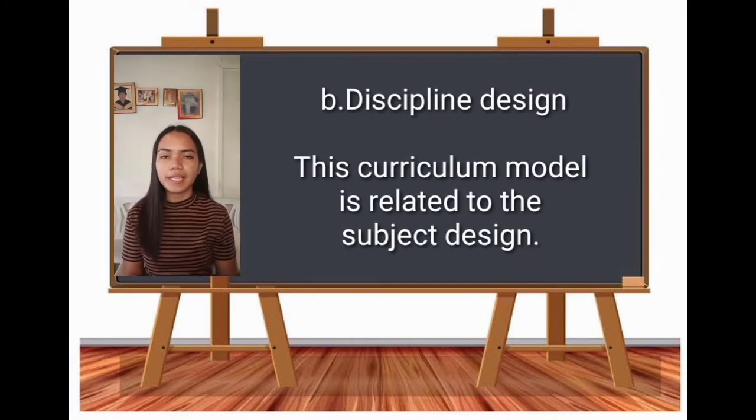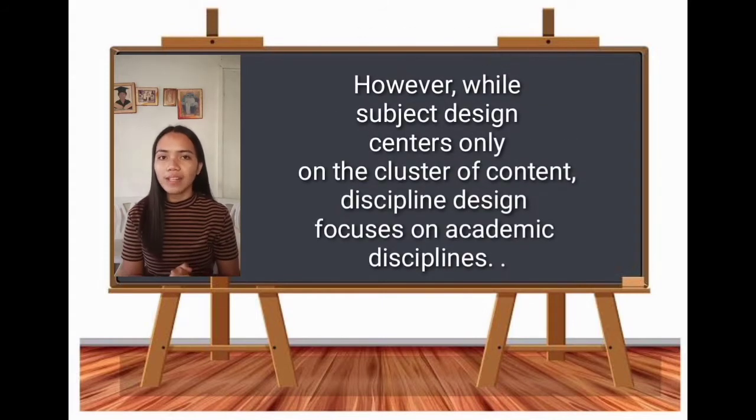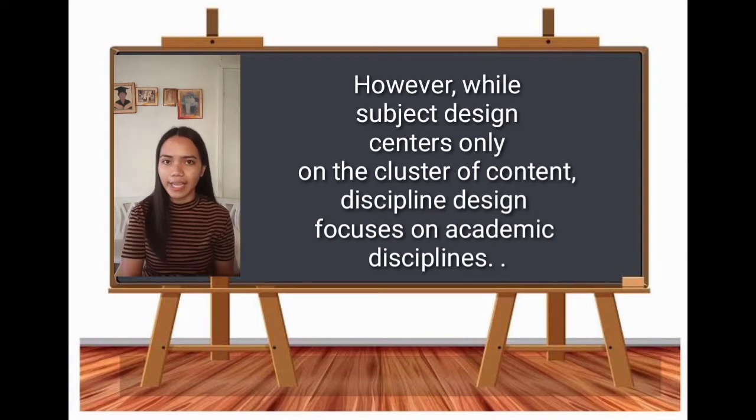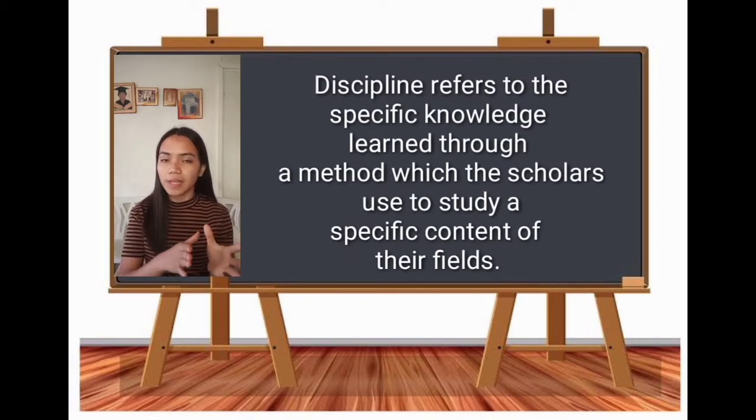Second, discipline design. This curriculum model is related to the subject design. However, while subject design centers only on the cluster of content, discipline design focuses on academic disciplines. Discipline refers to the specific knowledge learned through a method which the scholars use to study a specific content of their fields.